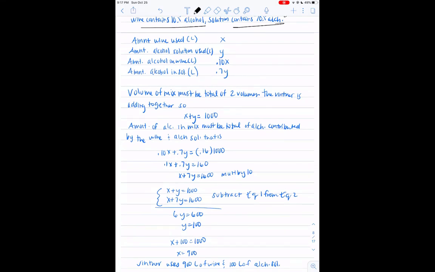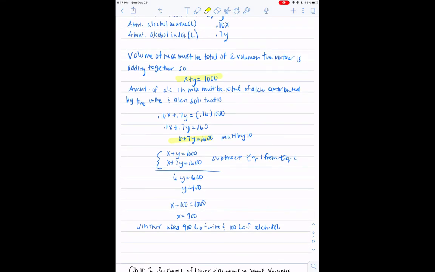So I get 0.1X plus 0.7Y equals 160. So I just multiply by 10 to get rid of my decimals, and I get X plus 7Y equals 1,600. So I have my system of equations. I have X plus Y equals 1,000, and X plus 7Y equals 1,600.